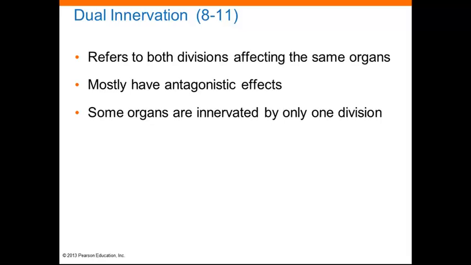Now, if you flip back and forth between the two previous pictures, you'll notice that there are some organs that are innervated by both the sympathetic and the parasympathetic divisions. And this is a concept called dual innervation.